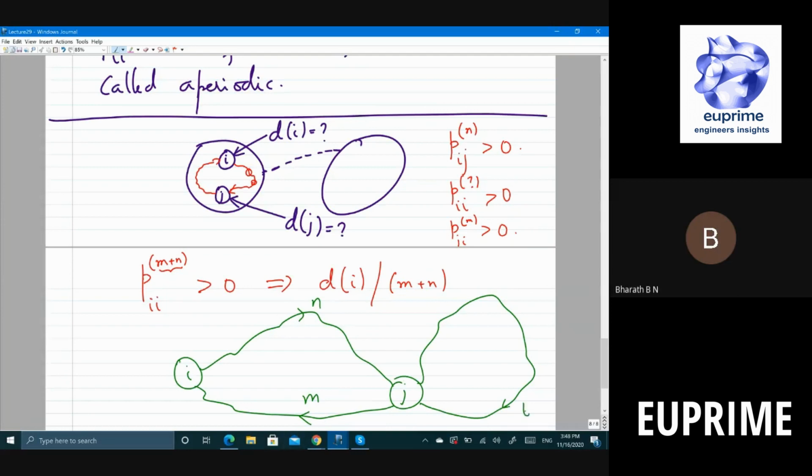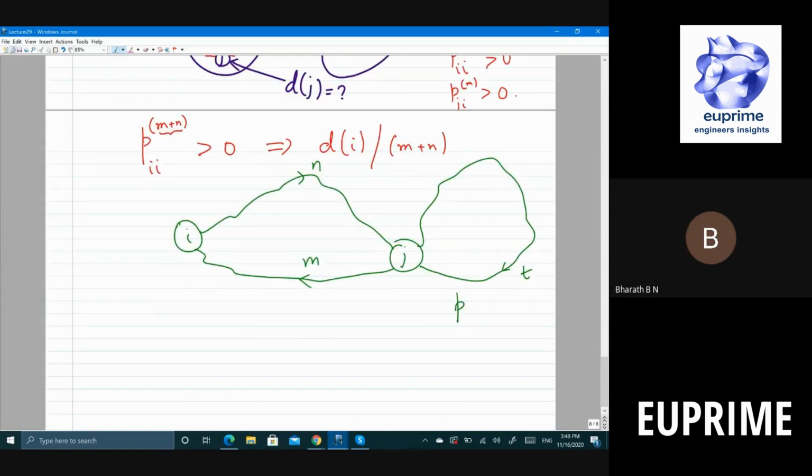Now let's suppose that J to J takes t steps. This says P of J to J in t steps is greater than 0. Now Pii in m plus n plus t steps is also greater than 0.